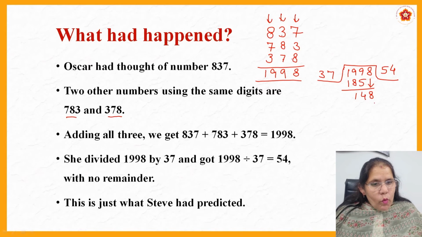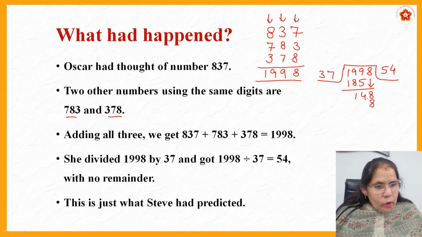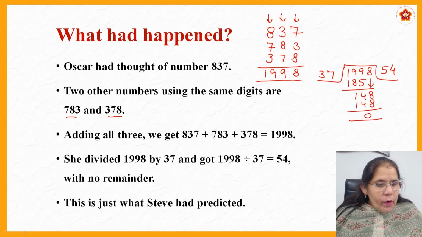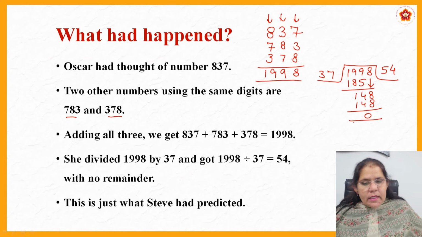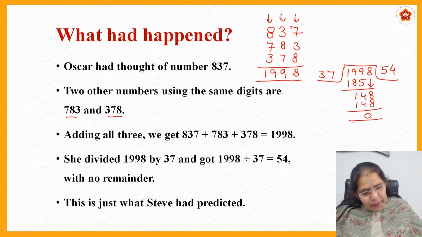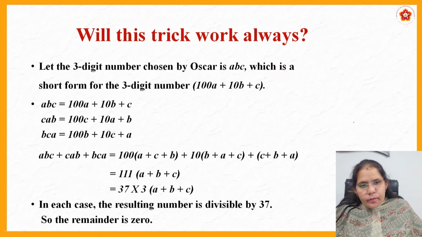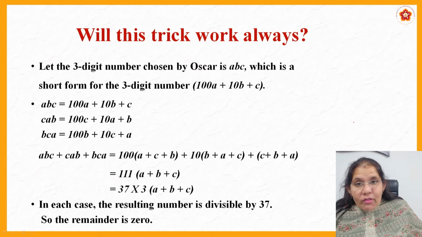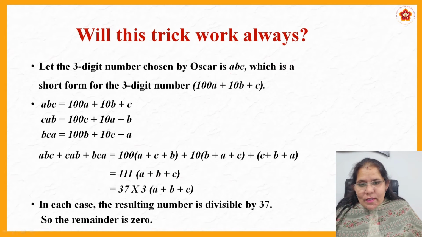Let's try with 4. 4 sevens are 28, 2 carry, 4 threes are 12, plus 2 is 14. So we get the remainder 0, and this is just what Steve had predicted. So will this trick work always? By now you would be sure, yes, all of Steve's tricks, they work always.